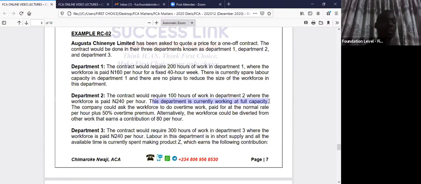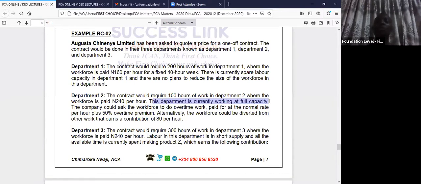If they don't work, you don't pay them. There's no capacity for them. Work as you can and get paid as you can. But for permanent labor, your capacity is work from 9 to 5. We've already paid you. And we are saying here that they are working at full capacity currently.